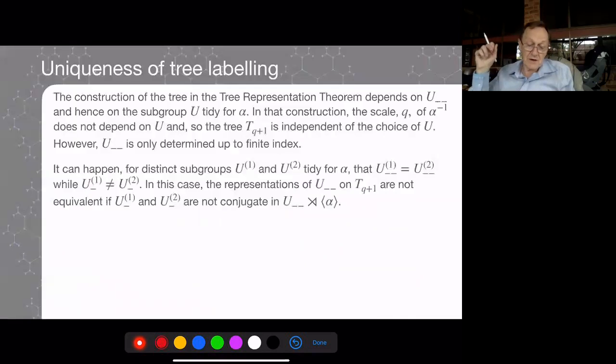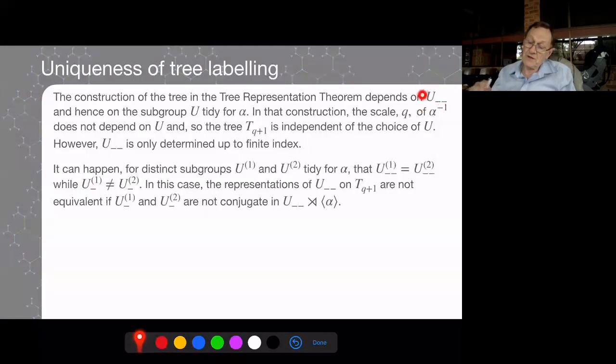So first of all, the tree representation theorem. The construction of the tree in that theorem, if you remember, depends on this subgroup U double minus, and that subgroup U double minus is defined in terms of the subgroup U tidy for alpha.